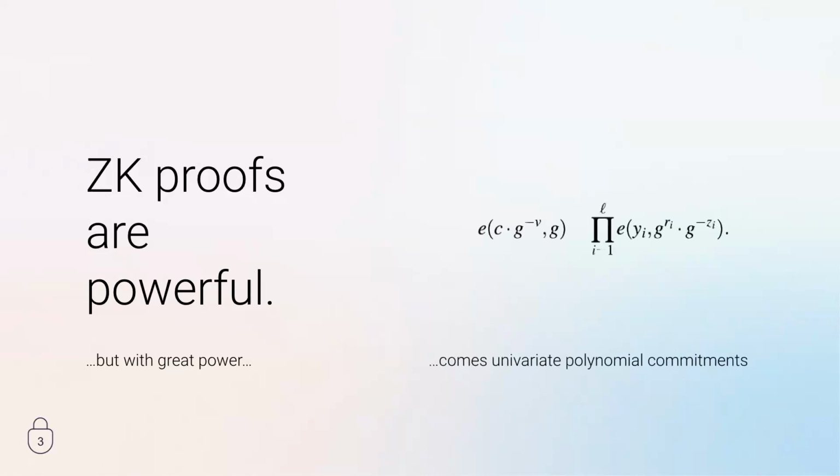With great power comes univariate polynomial commitments. So that's one of the problems: if you're not well versed in mathematics, you can have a very bad time navigating the whole ZK space.